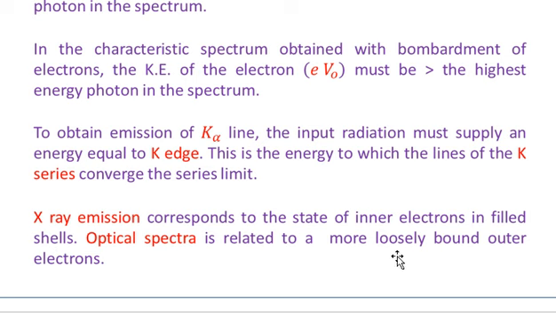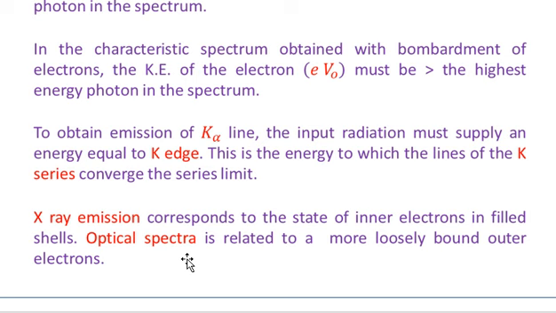Optical spectra is related to more loosely bound outer electrons. So when we talk about X-ray spectra, it is related to the inner bound electrons and of course highest in energy. Whereas we normally talk about optical spectra when we do transitions with valence electrons.